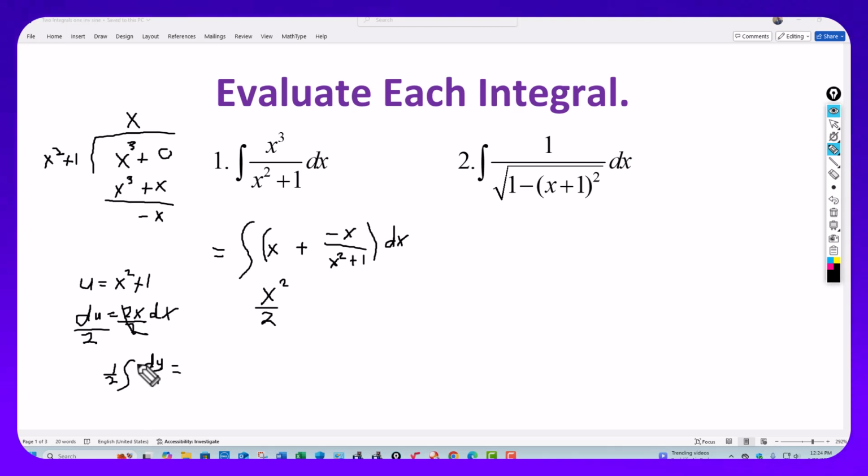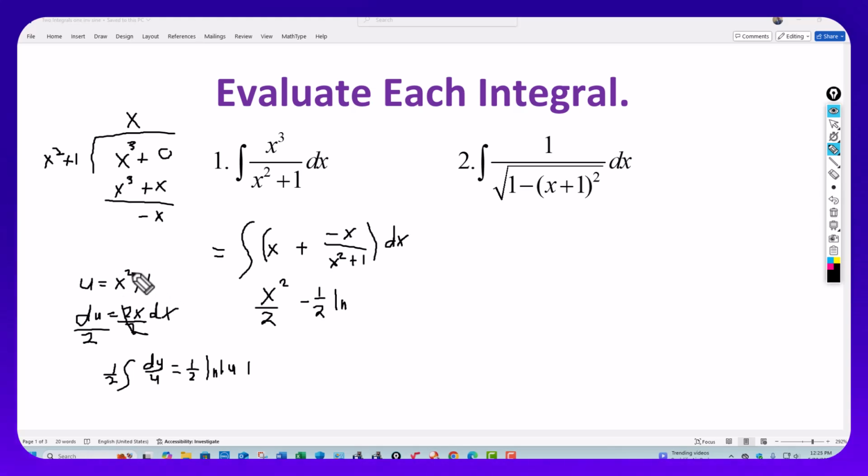And of course you have your main formula here. The integral of du over u is always the natural log of the absolute value of u. And then you have the 1/2 right here. Now we complete this, then we have the minus there. This will be a minus 1/2 natural log of absolute value. But notice here the u is x squared plus 1.